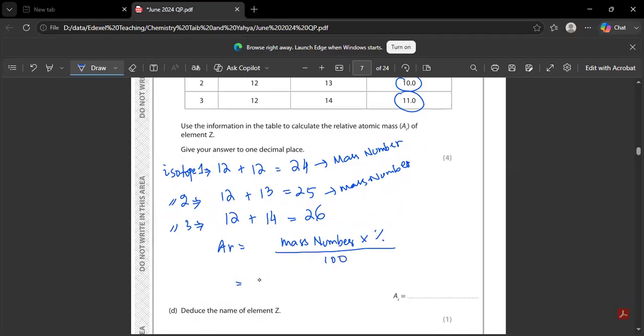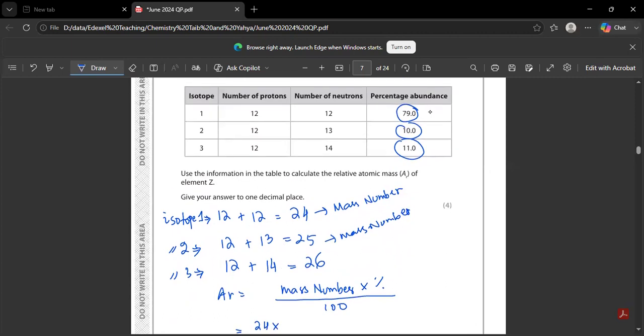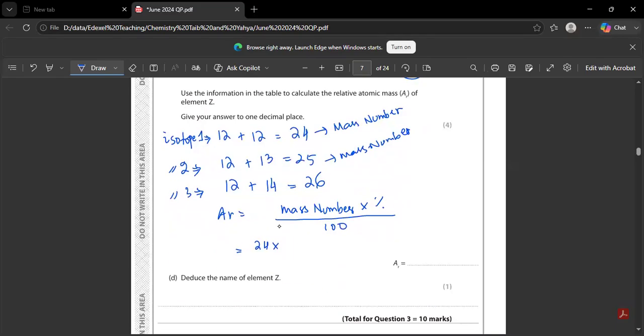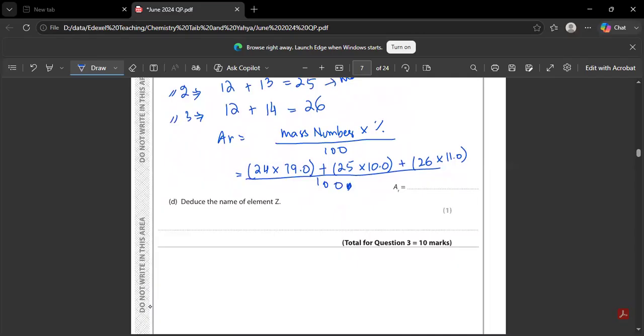So we have 24 times the abundance, 79.0. And then we add 25 times 10.0, the abundance. And then third is 26 times 11.0, right? So we divide by 100. So what are we getting? Yes, 24.3, right?